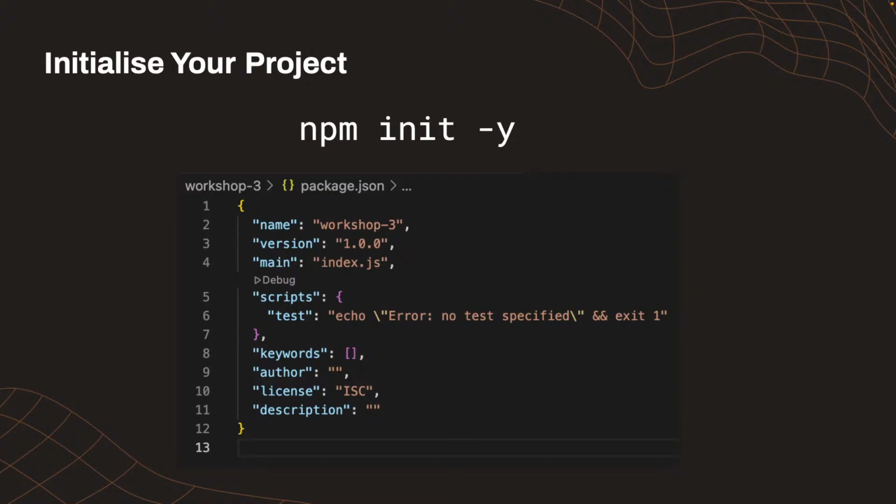Otherwise it will log the ID, log the name, log the species and age. And then we can just close that. And then finally we have to close the DB connection.